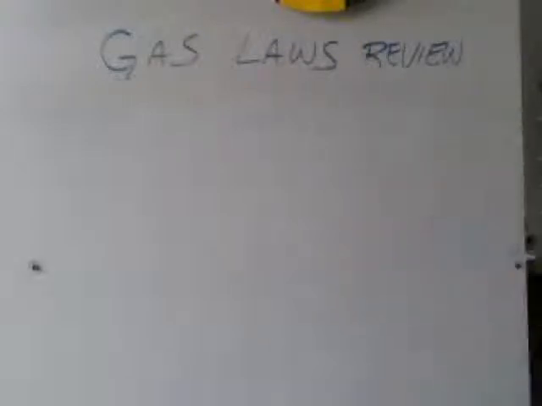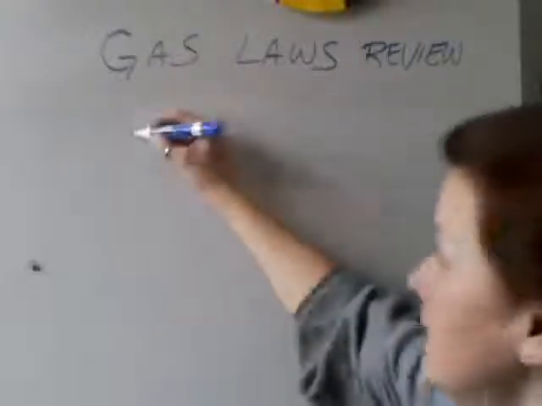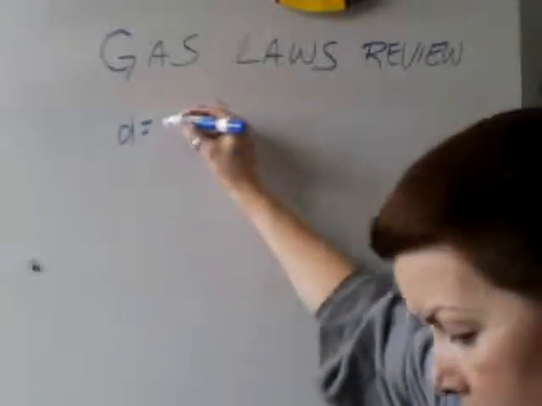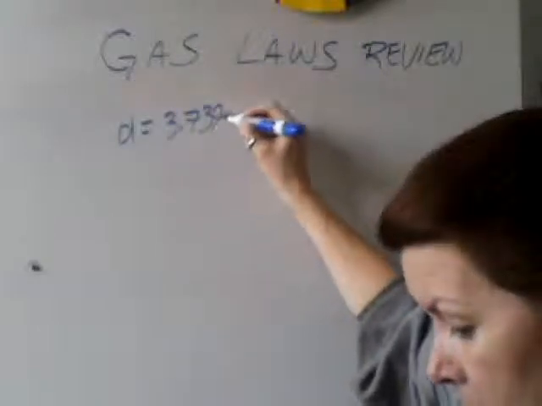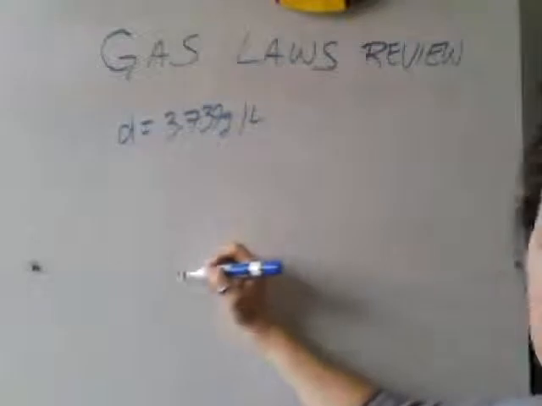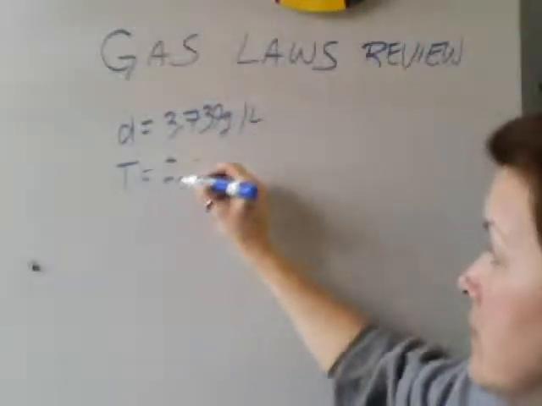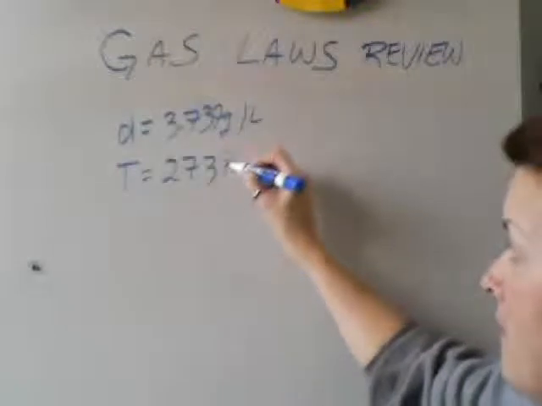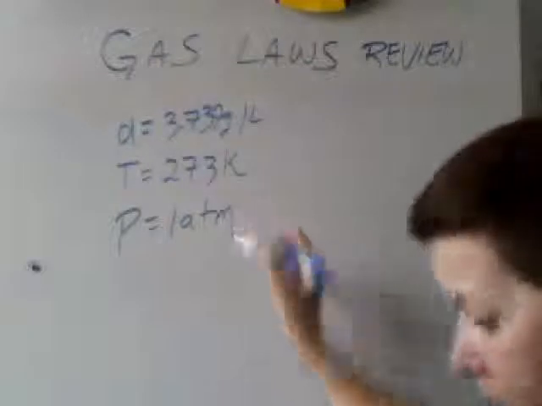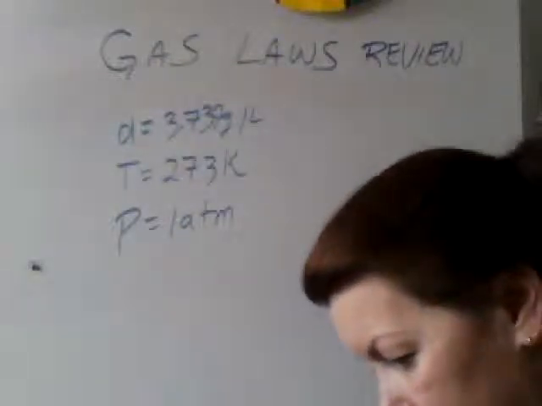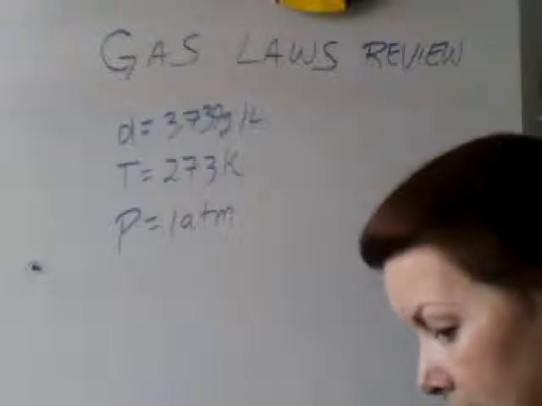So number 4 says that we have an unknown gas with a density of 3.739 grams per liter at STP. So at STP we know that the temperature is 273 Kelvin. We know that the pressure is 1 atmosphere. So that makes us happy. They're nice and easy to work with. And we're given a list of gases that we can choose from when we get to the end.